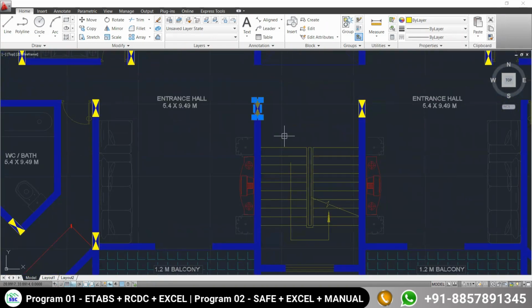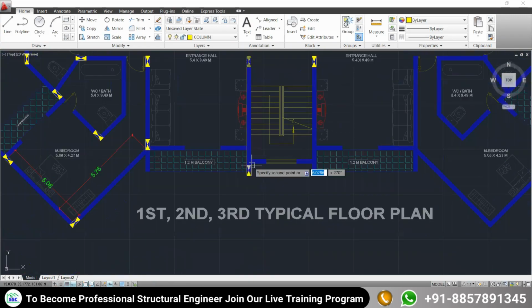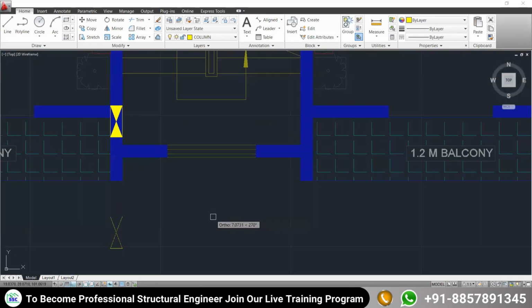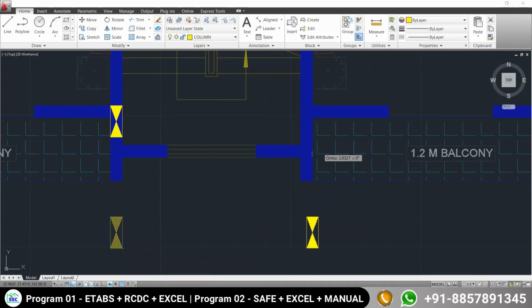And now on the other side, there is some complication. Either you can take the column here or on the other side, another option, instead of taking here, I can take the column here. Tell me which position is correct.